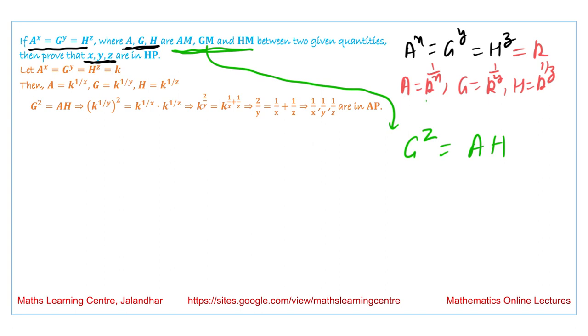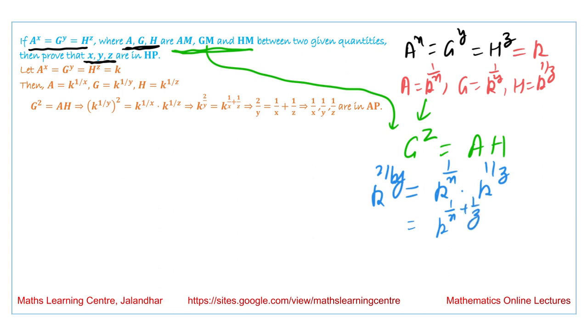So we substitute the values over here and we obtain that k raised to the power 2 by y is equal to k raised to the power 1 by x into k raised to the power 1 by z. So this is equal to k raised to the power 1 by x plus 1 by z.